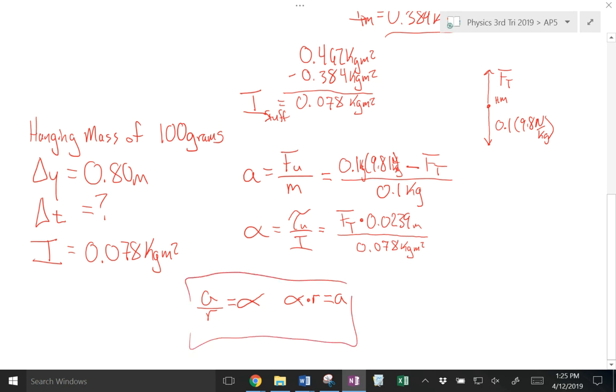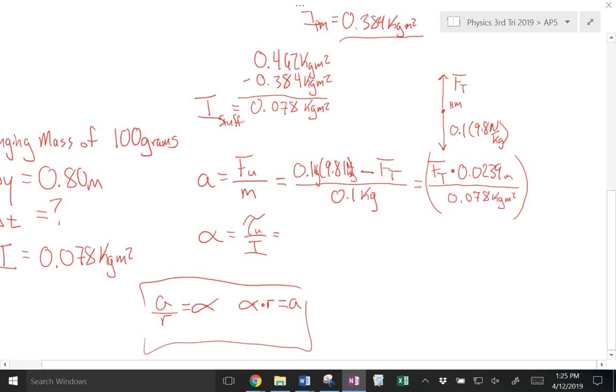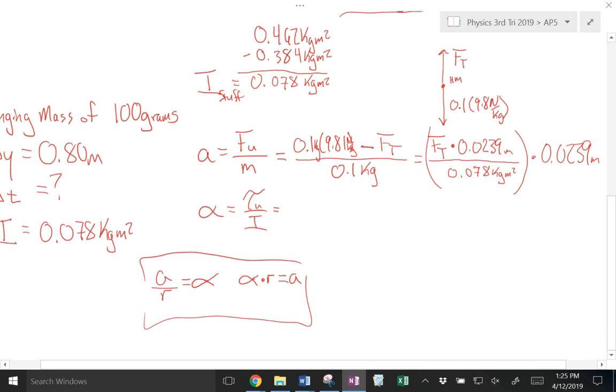Either I can take this thing and, if I want to set them equal, I've got to multiply by R, 0.0239 meters. Then I can solve for F_T, and then I can go back into one of the equations and make a graph and stuff.